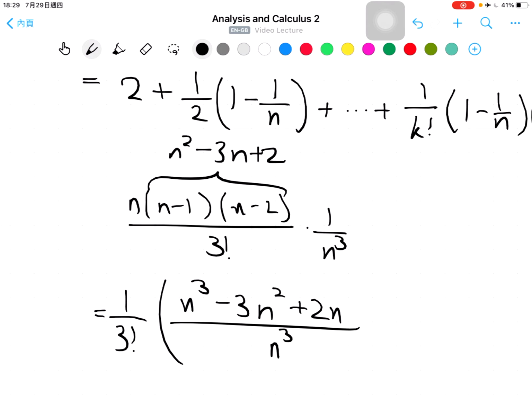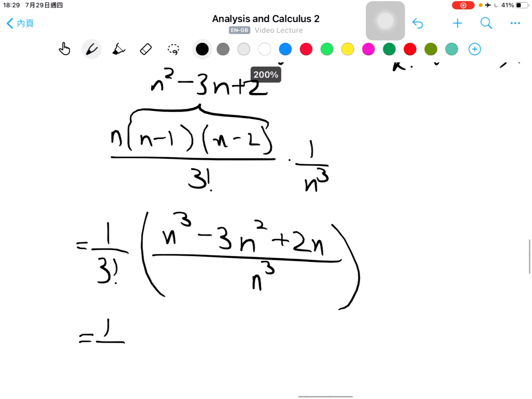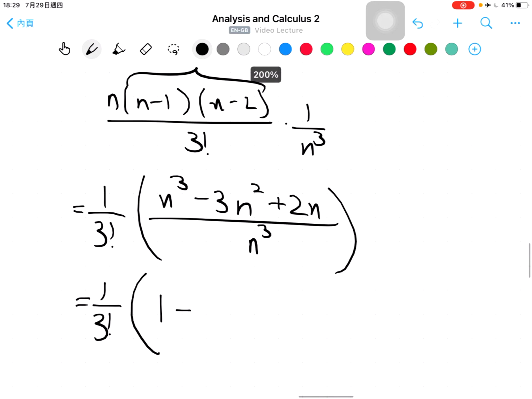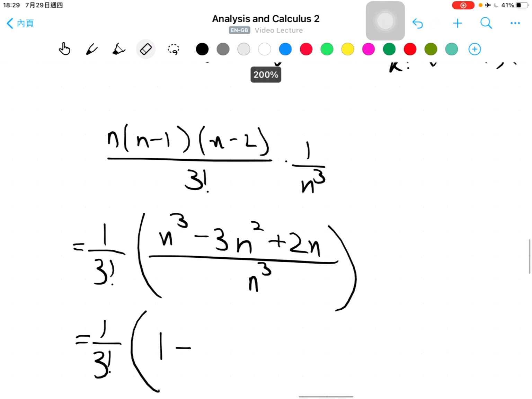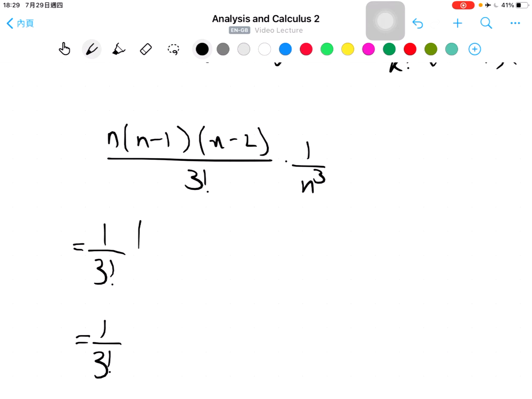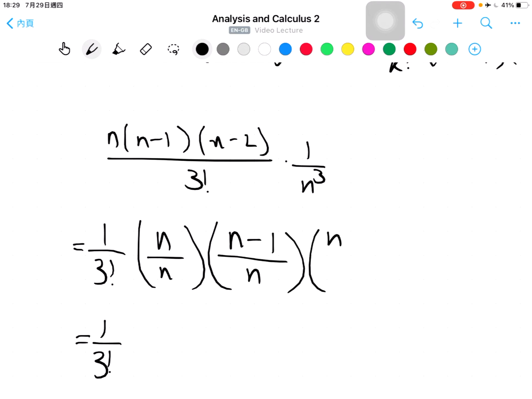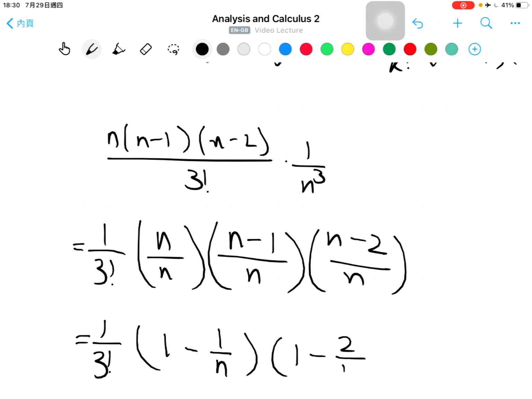Dividing that by n cubed, we get 1 over 3 factorial times n over n, (n minus 1) over n, and (n minus 2) over n, right? So the first is going to be 1, so I'm just going to ignore it. And then exploding parentheses for the other terms, it's going to be (1 minus 1 over n) and (1 minus 2 over n).